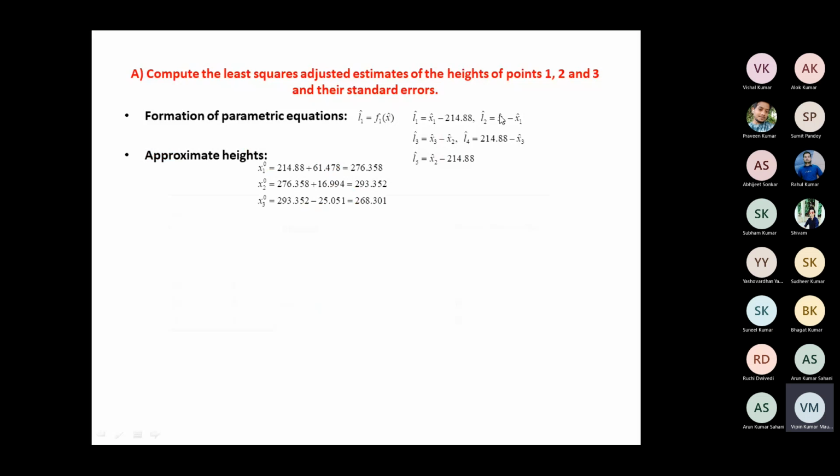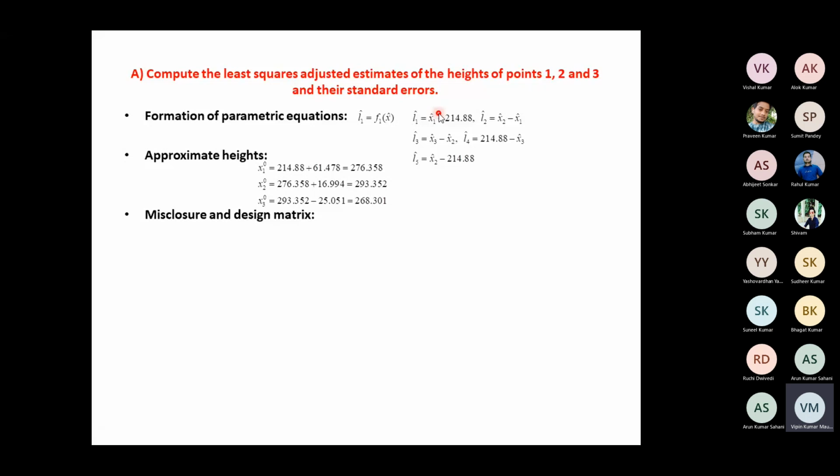We are doing this step by step. If I ask you what will be the approximate heights, because when you have seen this equation L equal to Fx, you must have seen that we will be going for a Jacobian type of matrix. We will be writing F1 x naught if it is nonlinear, F1 x naught plus F1 dash. You have seen equations like this. So for that case, we are computing the approximated height.